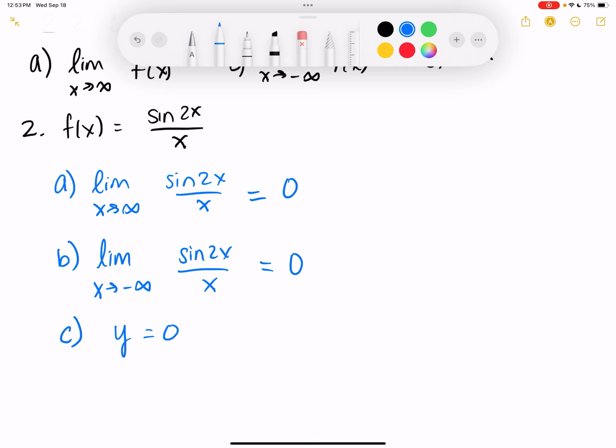What if it was something like x times sine of 2x, with something in front of it? Then I'm pretty sure at that point you go on your normal rules. But it's probably more likely to be like x plus sine of 2x, because we look at the highest powered thing.